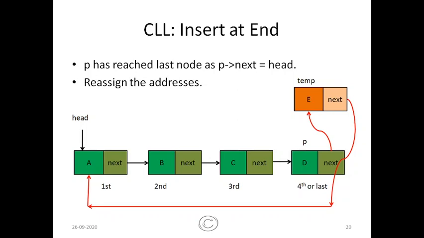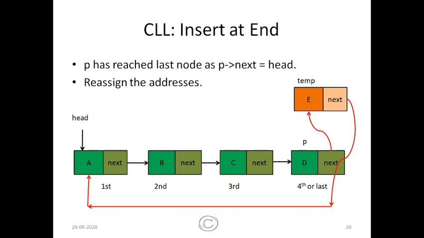Similarly, using these operations the circular linked list finds many applications, just like the single linked list. So what is the advantage of a circular linked list? We can loop back to any node.